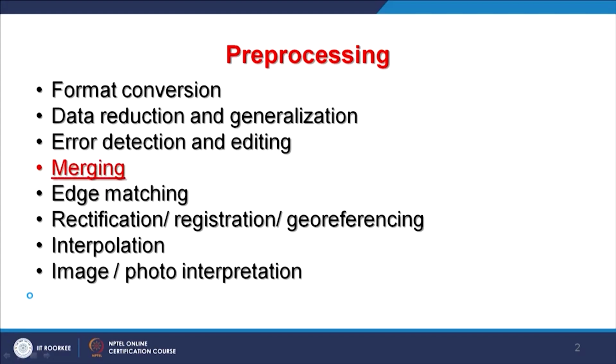Now in this discussion I would like to talk about merging. Merging has a few different meanings, but in order to separate them, one is edge matching, where adjacent data sets are merged or matched, whereas merging can also mean merging two different data sets belonging to the same geographic system and then creating a new product.